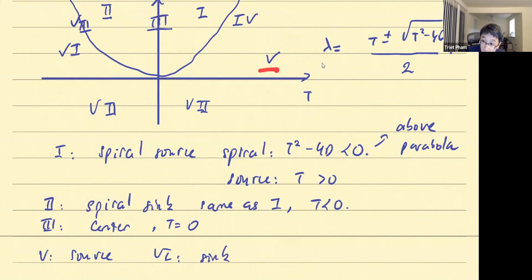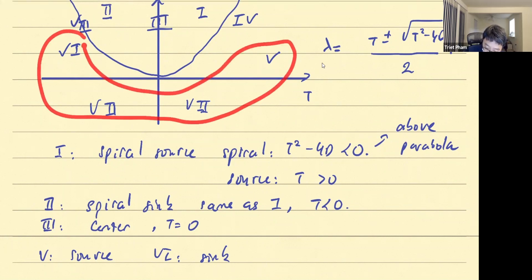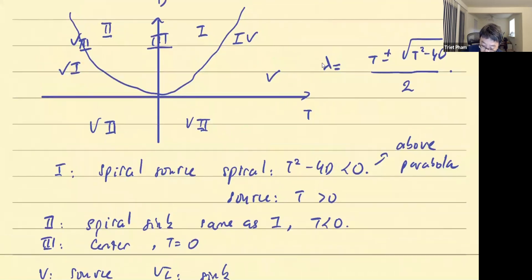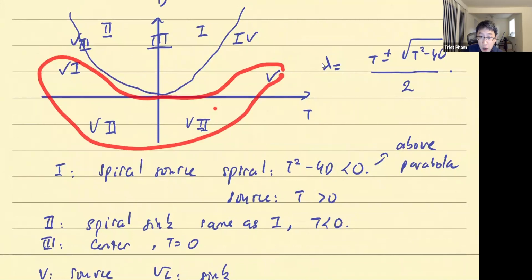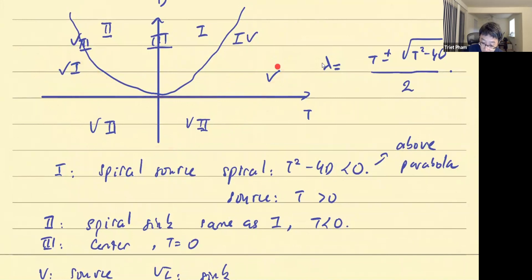Because these are real, and these are real, and hold on, it's not quite clear yet. So basically 5, 7, all these guys are real eigenvalues. But to distinguish these guys, you must know if it's the same sign or opposite sign. The distinction between these regions is whether or not the eigenvalues are the same sign or opposite signs.